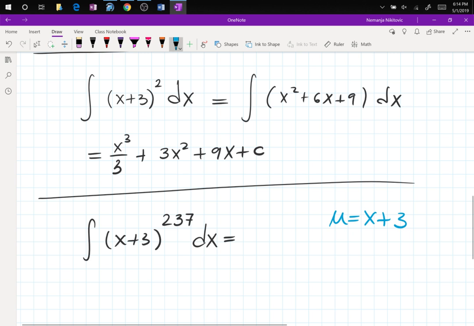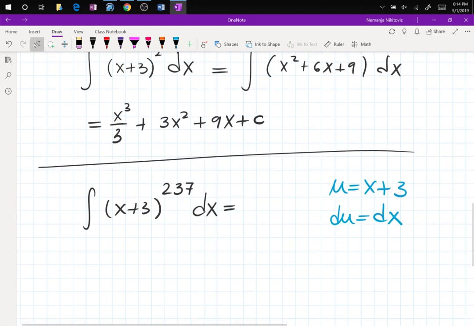Yes? I thought you were going to replace 237 with 201. No, I can't replace a number with a different number. What I can do is make this a single u to the 237, and now I just have dx is equal to du this time, right? dx is equal to du because we have the linear correspondence up there.